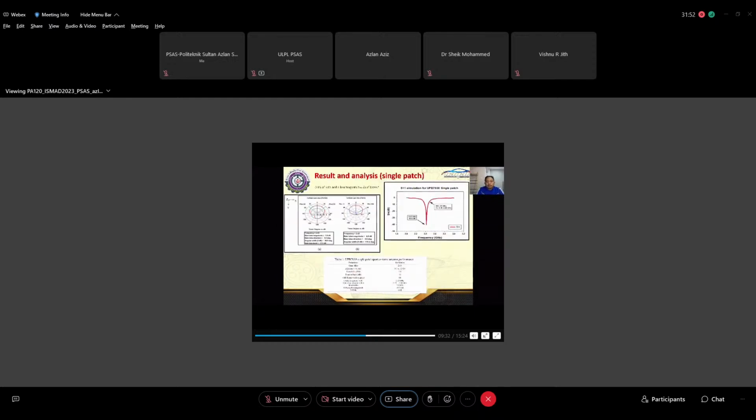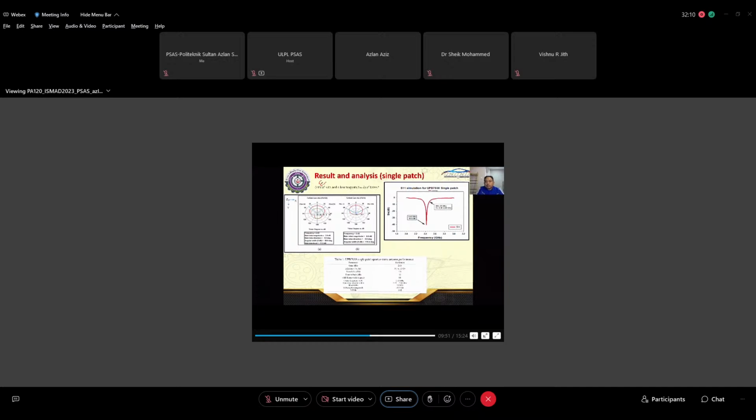For the results and analysis of the single patch, basically we are using epsilon r, the permittivity of the material, which is 3.05, and the loss tangent is 0.0082.